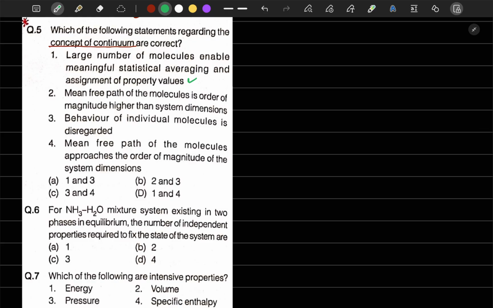Mean free path of the molecule an order of magnitude higher than the system dimension: this is incorrect. We have discussed that the mean free path must be very small compared to the system dimension. Behavior of the individual molecule is disregarded: this is correct. Mean free path of the molecule approaching the order of magnitude of the system dimension: this is incorrect. So the answer is 1 and 3, option A.